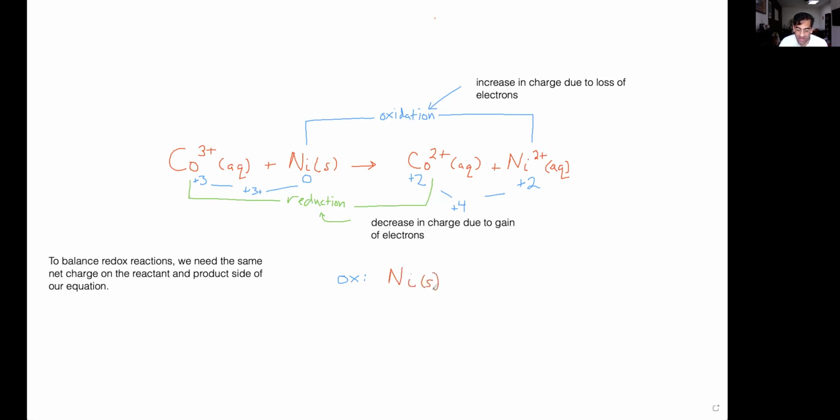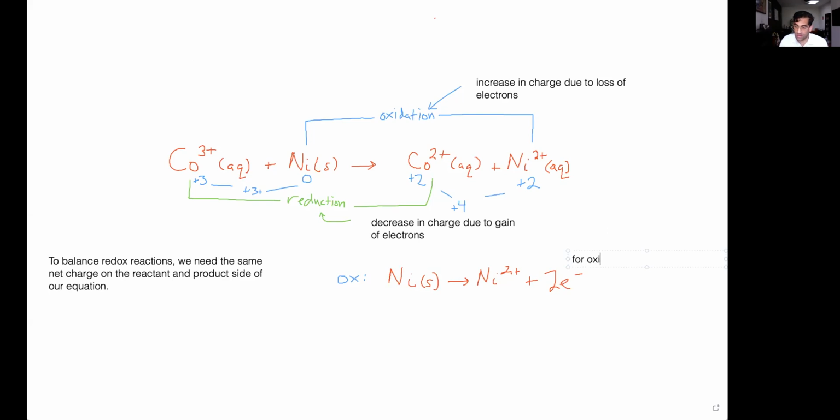So I'm just writing this half of the overall total reaction. And since I know that this solid nickel on the left-hand side is neutral, I have to add 2 electrons to the right-hand side in order to make the other side neutral, okay? So with oxidation, I balance the right-hand side by adding electrons there. I'm just going to write that here.